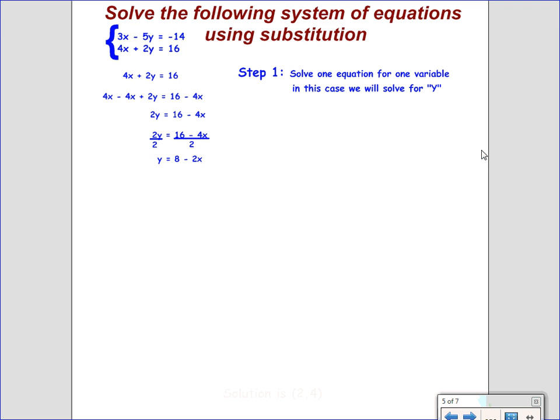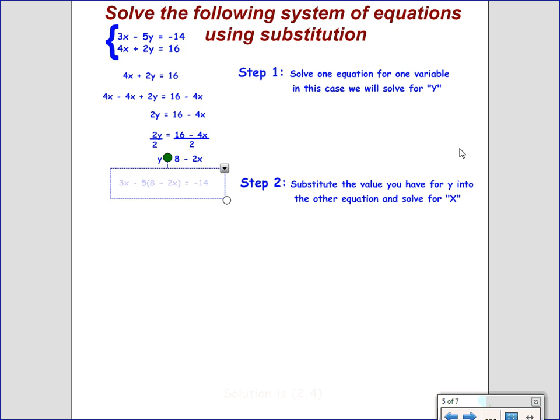Now that I have a value for the y variable, I'm going to substitute that value back into the equation that I haven't touched, the top equation, and solve for x. And as I substitute back, I find that I have a distribution here.